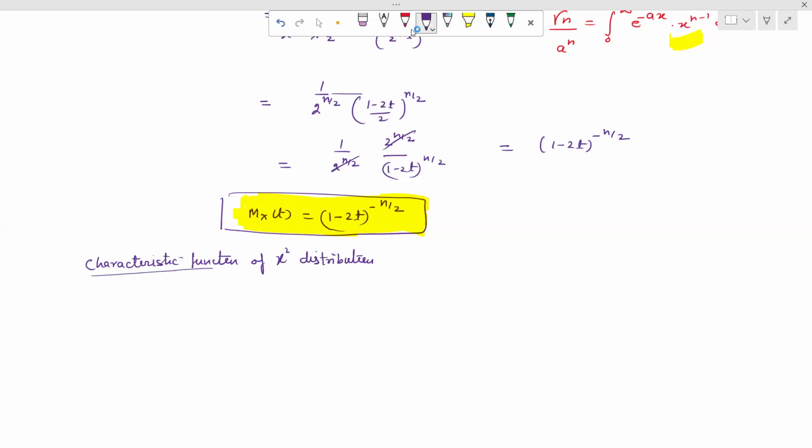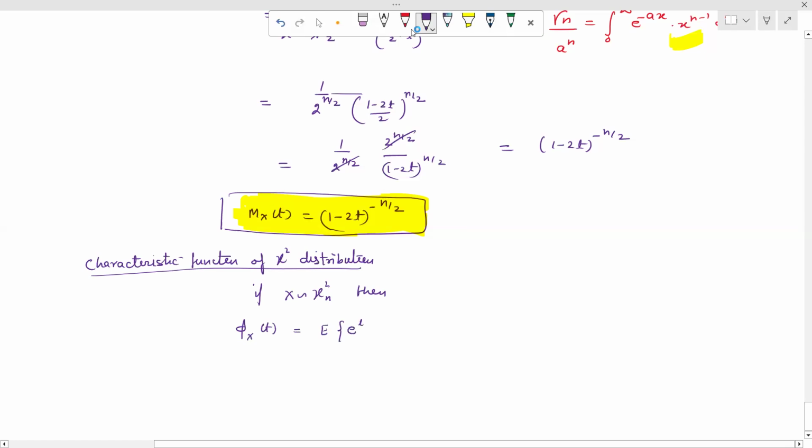We define the characteristic function as: if a random variable x follows the chi-square distribution with n degrees of freedom, then the characteristic function we denote as phi x(t). Phi x(t) is equal to the expectation of e raised to the power i t x. So this can be written as the integration from 0 to infinity of e raised to the power i t x, f(x) dx.